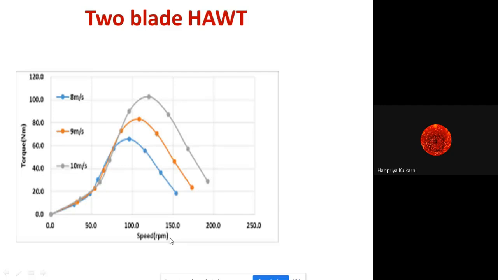This is the speed-torque characteristics. Torque-speed is linear up to a certain point, but generally the operating point is somewhere here. So if torque is decreased, speed is increased in the operating zone. Therefore it is in inverse proportion. High speed turbines are used for power generation applications and high torque turbines are used in pumping applications.